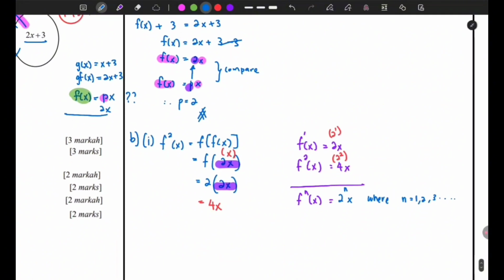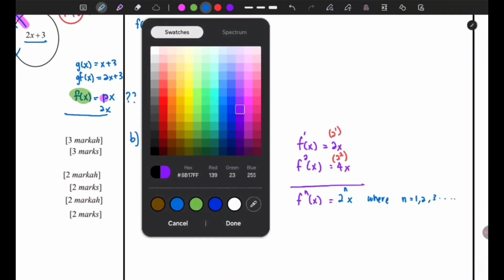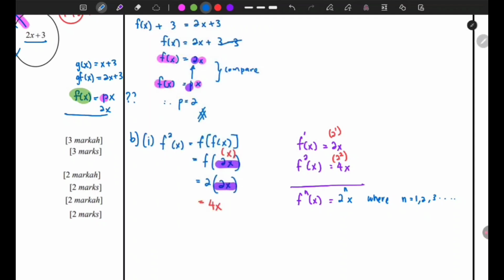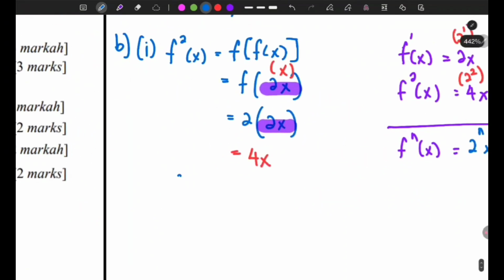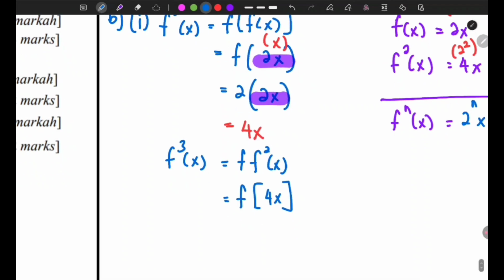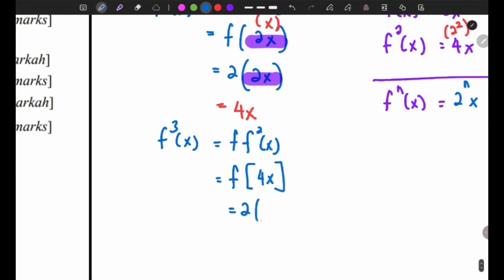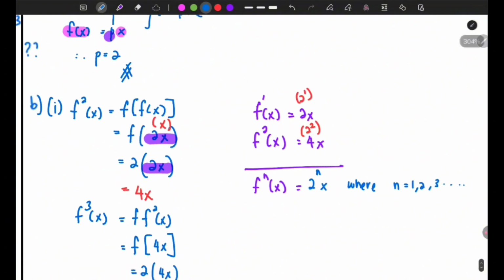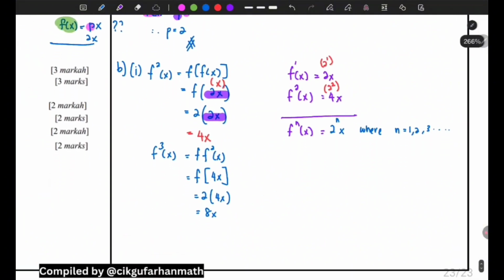Because you can see the pattern already. You can even double check using f cube x. You check f cube x. f cube x is made up of f square x, right? So what's your f square? It's 4x. What is f(x)? It's 2 bracket 4x, so 8x. So wait, let me add a bit.